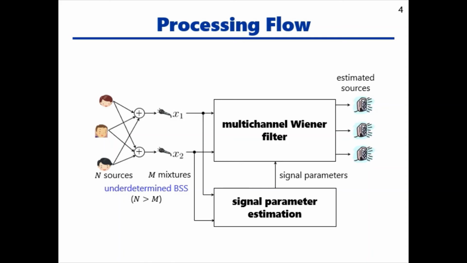As I said earlier, in underdetermined BSS, we need to design the multi-channel Wiener filter. Once this filter has been designed properly, source signals can be estimated from the mixtures.